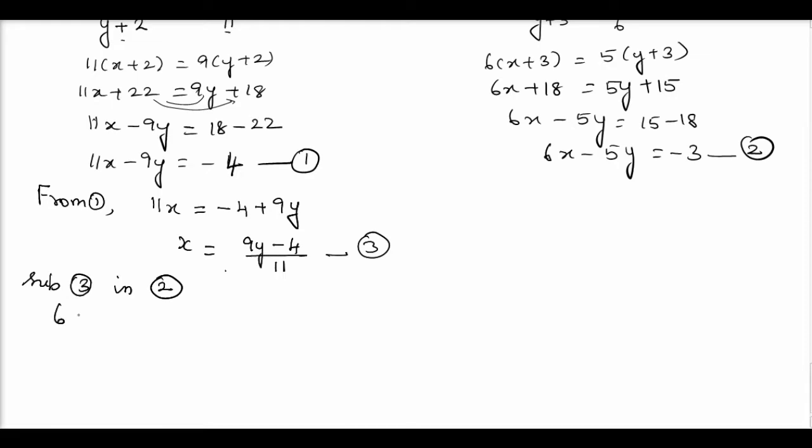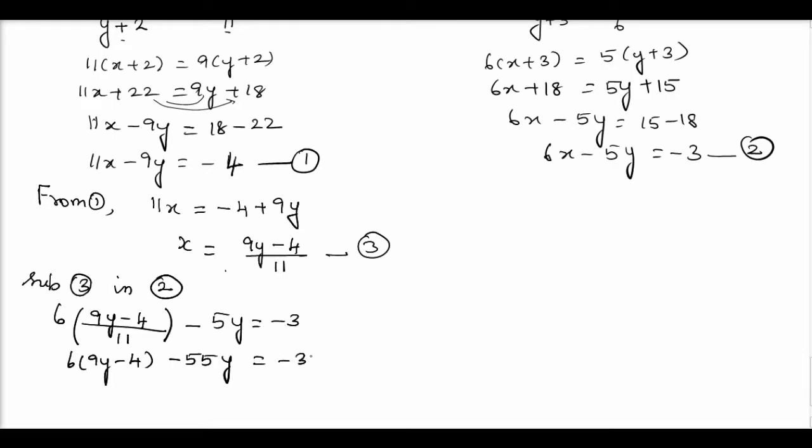So that we get 6 into 9y minus 4 divided by 11 minus 5y equal minus 3. Okay, now let's multiply throughout by 11 so that I get 6 into 9y minus 4 minus 55y equal minus 33.